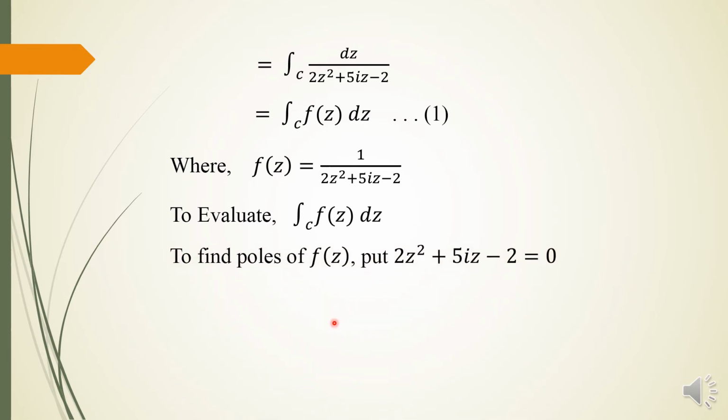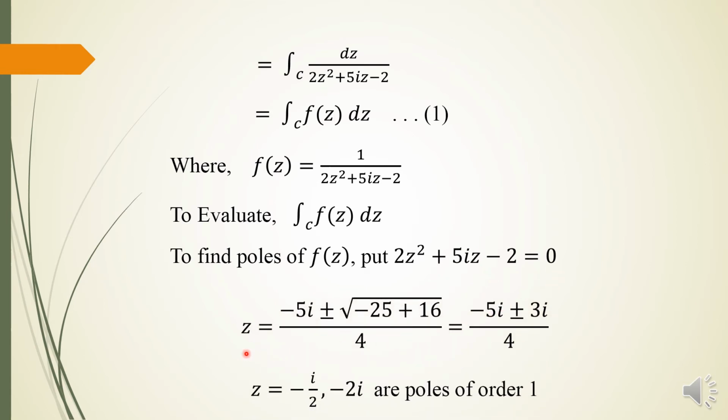For that, first we find the poles. We set the denominator equal to 0, that is 2z square plus 5iz minus 2 equal to 0. From this, z is obtained by the formula minus b plus or minus root of b square minus 4ac divided by 2a, where a is the coefficient of z square, b is the coefficient of z and c is the constant term.